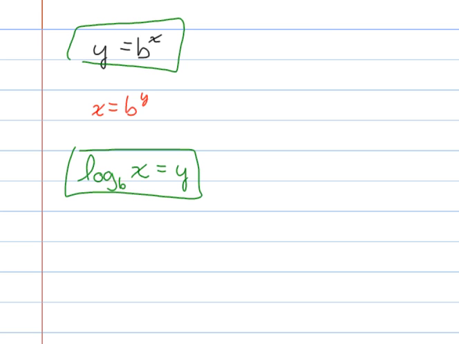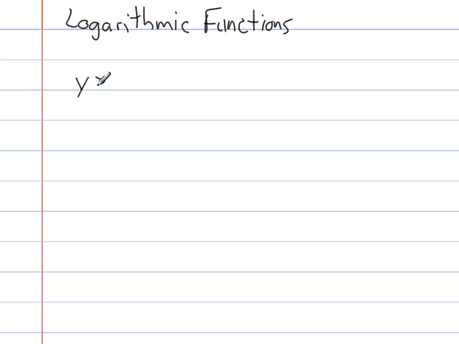All right. So right now let's talk a little bit more about logarithmic functions in general. Let's talk about this form a little bit more. We've got y equals the log of some number, that's the base, of some number. Now, in this, there's a couple things that b cannot be.